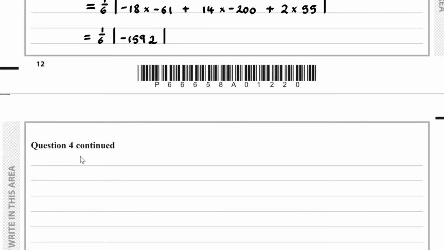So the exact volume will equal 796 over 3 units cubed.